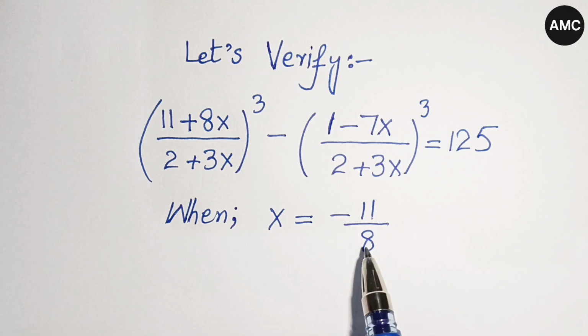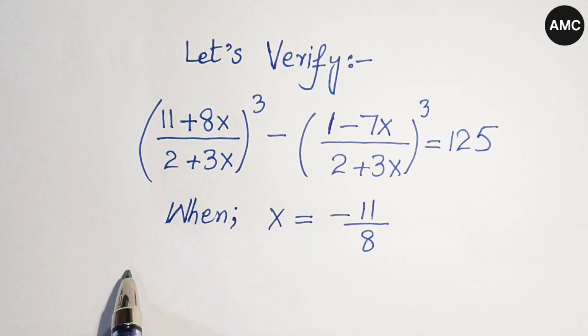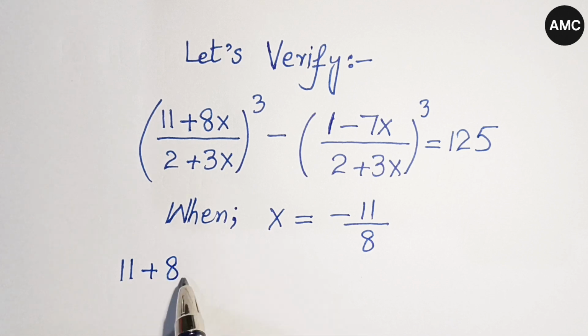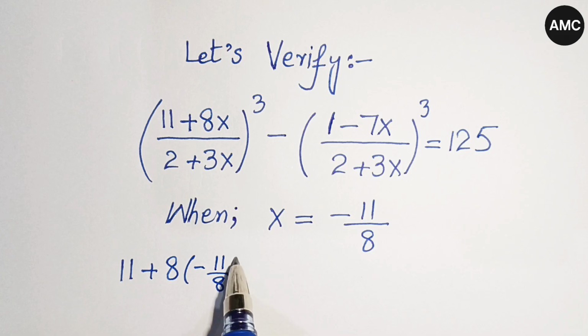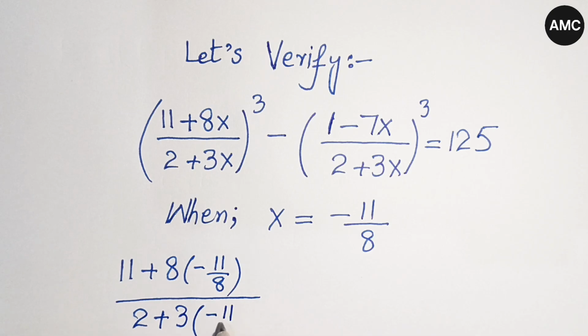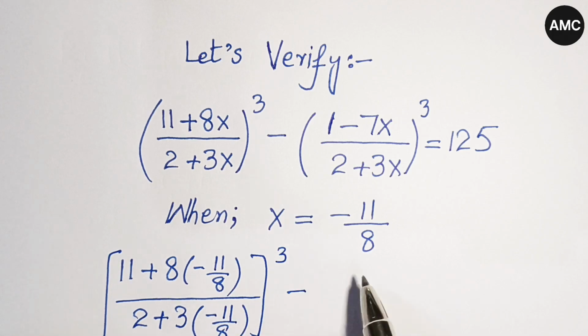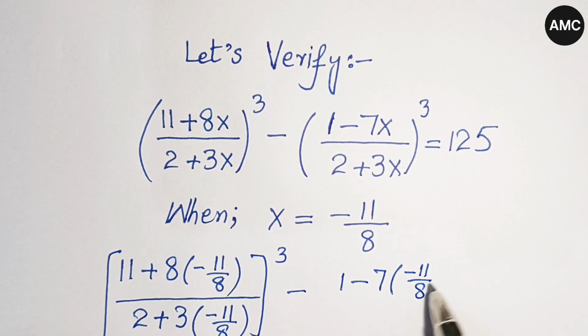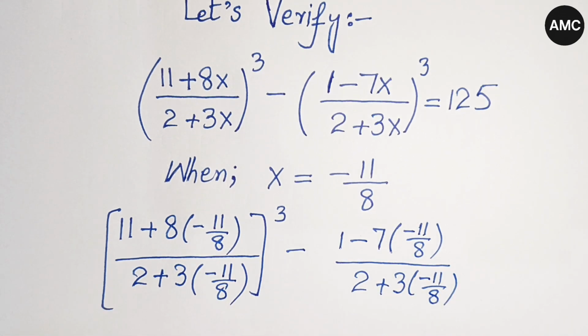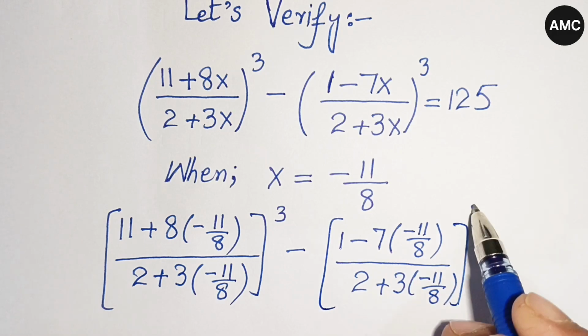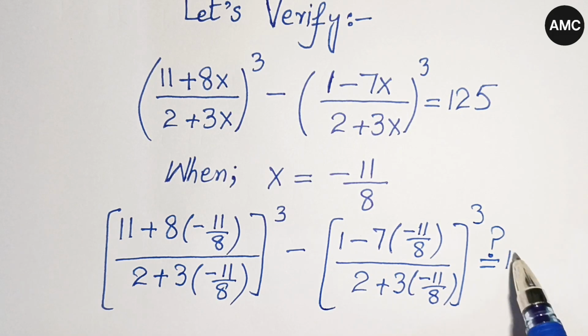Now when x is equal to minus 11 over 8, this equation will be 11 plus 8 times minus 11 over 8 all over 2 plus 3 times minus 11 over 8, whole cubed, minus, here we have 1 minus 7 times minus 11 over 8 all over 2 plus 3 times minus 11 over 8, now whole cubed, is it equal to 125?